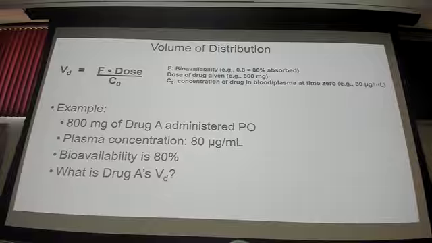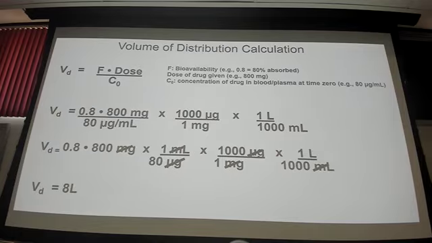So when we look at the equation of volume of distribution, we look at bioavailability, which is F, times the dose of the drug, over the initial concentration of that drug in the plasma. So with those values in mind, when we plug in the numbers, we see that volume of distribution for this particular drug is 8 liters. That's a moderate volume of distribution for a drug.